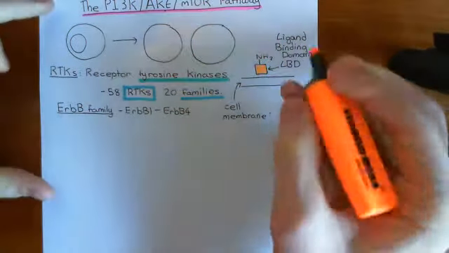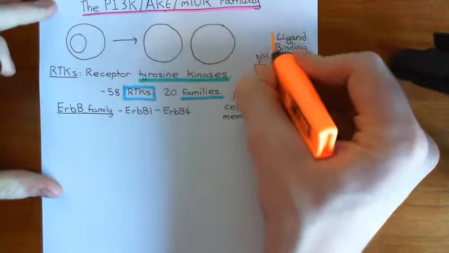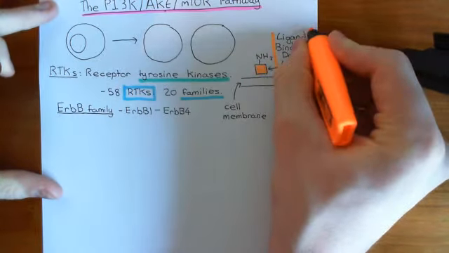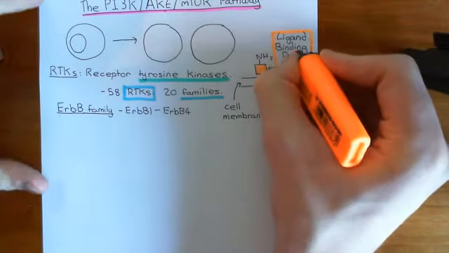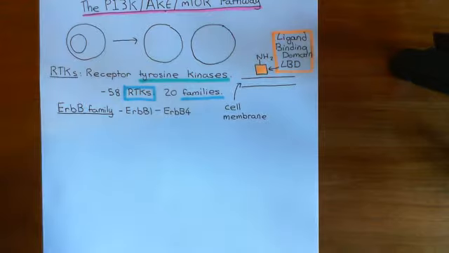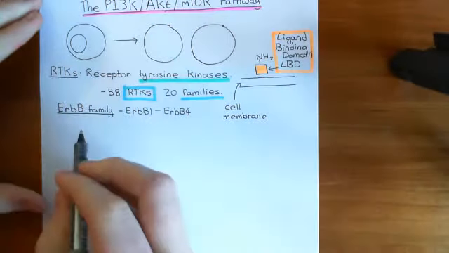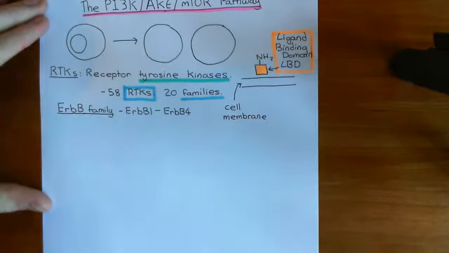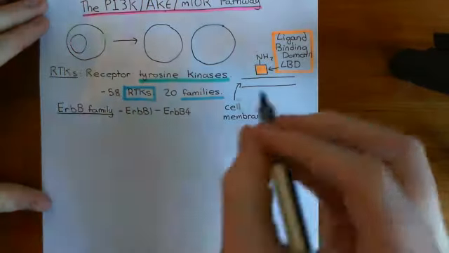The ligand binding domain is obviously going to vary between the different receptor tyrosine kinases, because they all bind to different ligands, so they'll all need to have different structure ligand binding domains. We will see the ligand binding domain specifically for our ErbB family receptors in a moment.